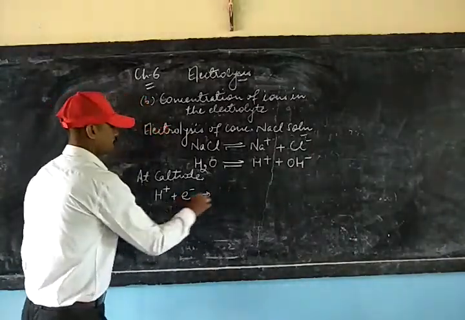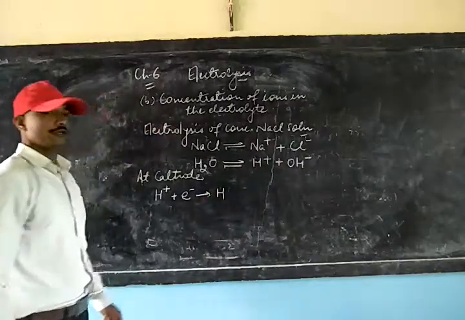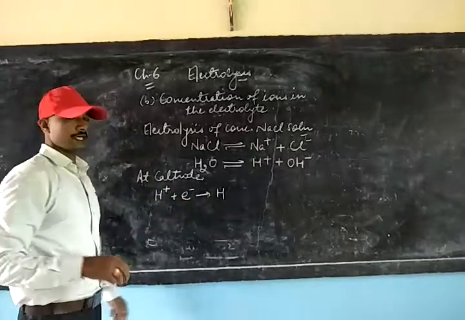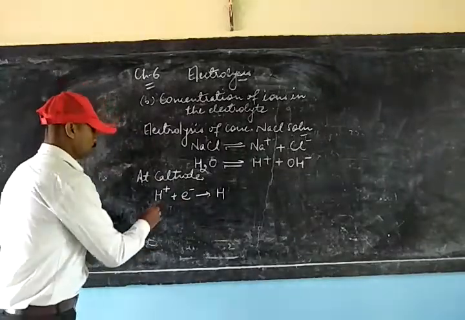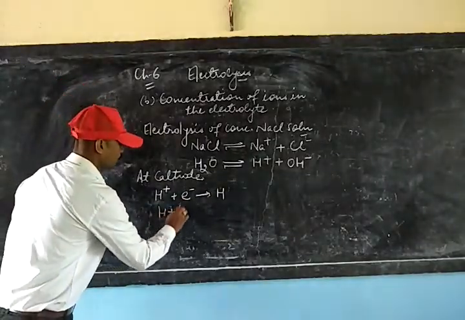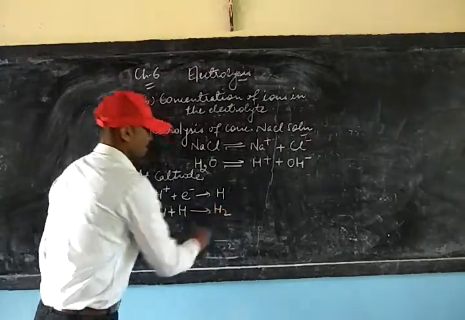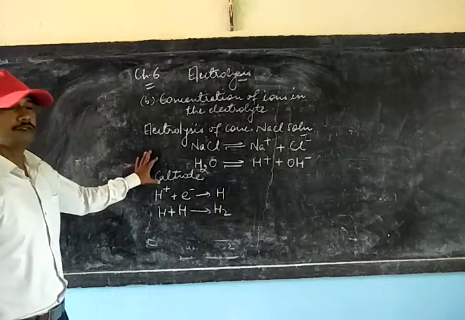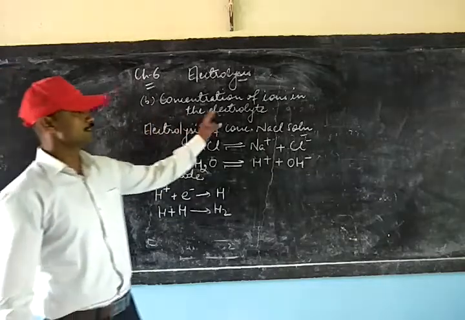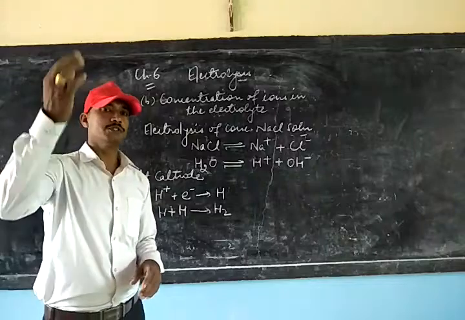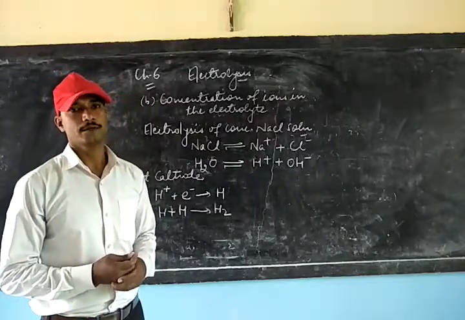When it gains an electron, it changes to a neutral atom of hydrogen, but we cannot leave hydrogen here as it is unstable. So we show the combination of two hydrogen atoms to produce hydrogen gas. So at the cathode, during the electrolysis of concentrated sodium chloride solution, hydrogen gas is released.